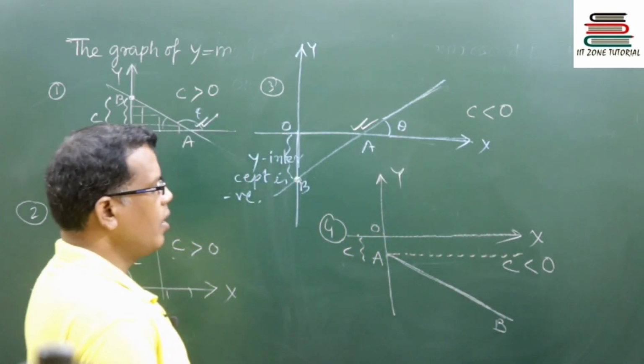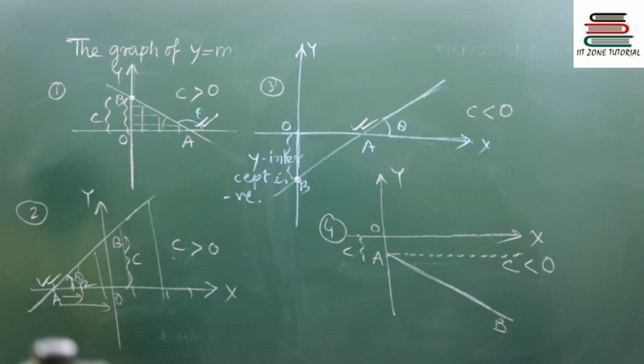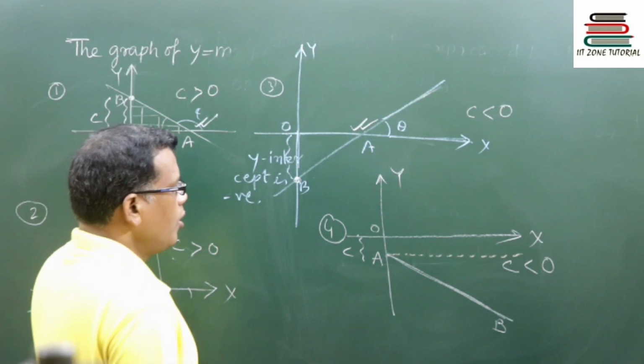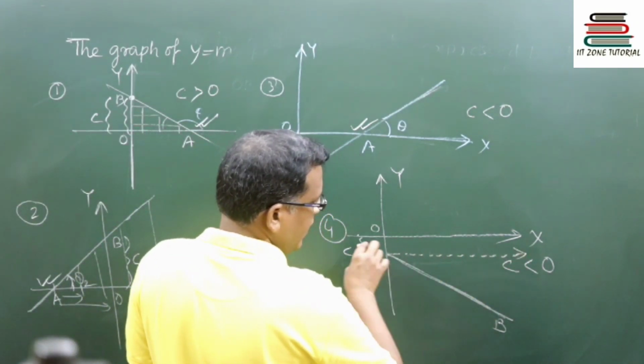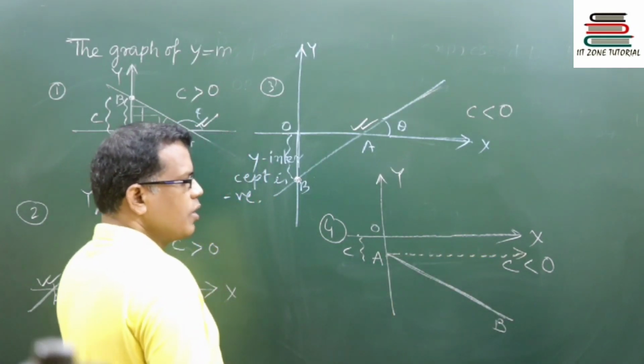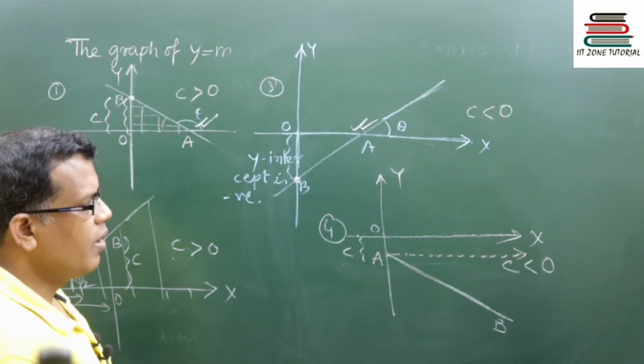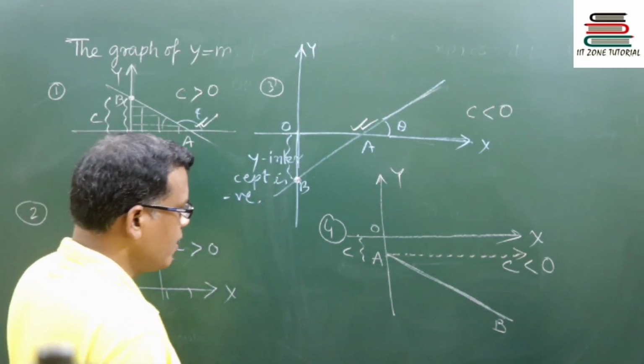I can draw a line parallel to the x-axis. Got it? If this is the positive direction, this dotted line is indicating the positive direction of the x-axis, right?